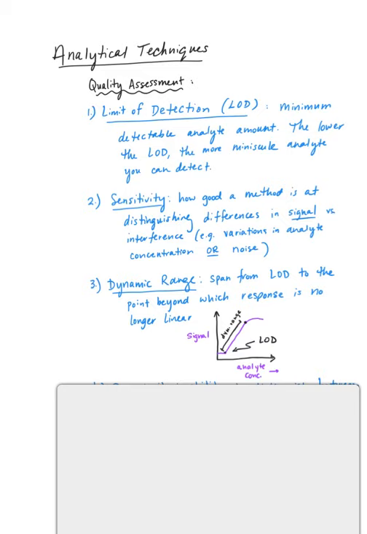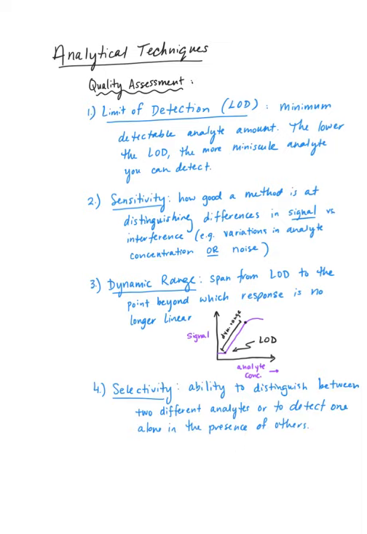If we were tracking a signal from an analyte of interest as a function of that analyte's concentration, our dynamic range would span from a point here that starts a linear increase along this signal to concentration plot, beginning at the limit of detection, the smallest detectable analyte concentration, and ending where this line is no longer in the linear range. This whole span is the dynamic range.